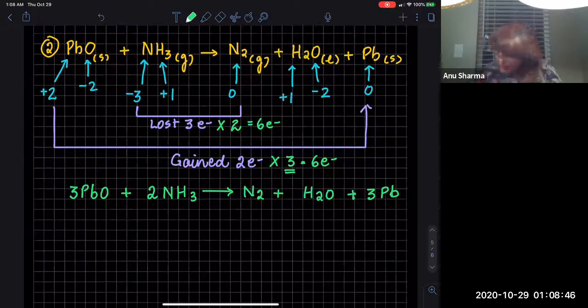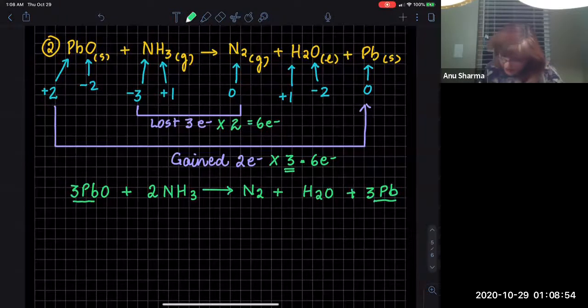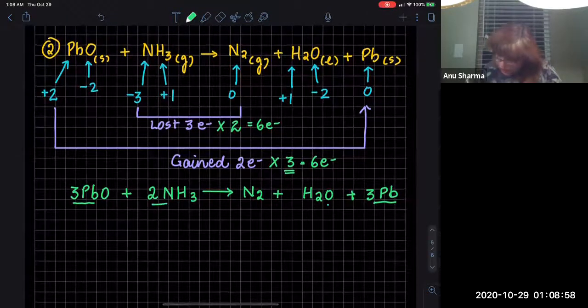So now you look at what are the remaining that are not balanced. Obviously hydrogen is not balanced now. There are 3 leads here, 3 leads here, 3 oxygens, and there's only 1 oxygen here. There's 2 nitrogens, and 6 hydrogens on this side, and there are 3 oxygens.